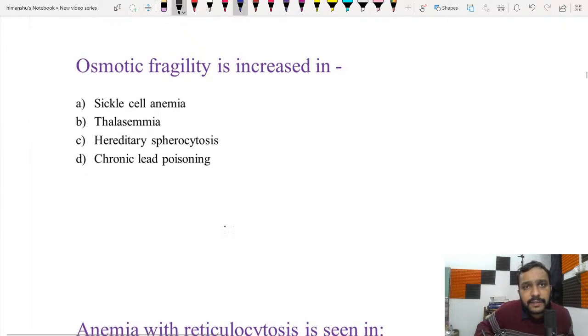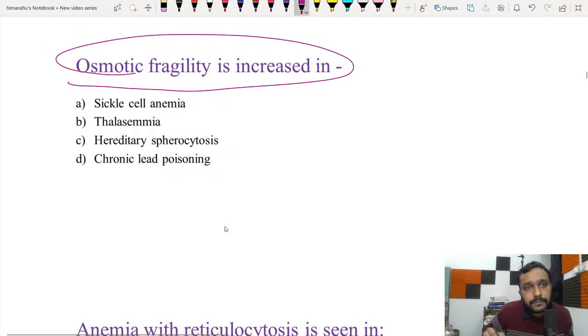Osmotic fragility is increased in which type of anemia? Let me know the answer in the comment section.